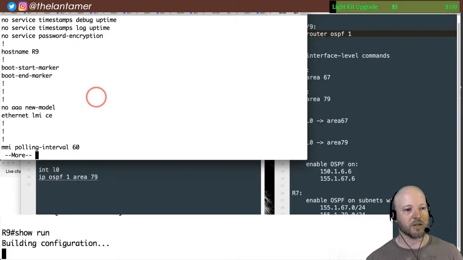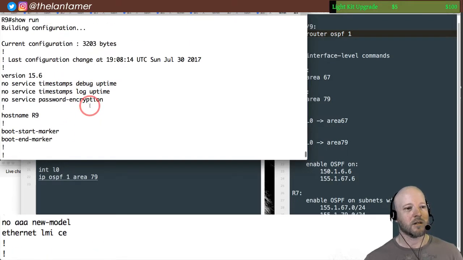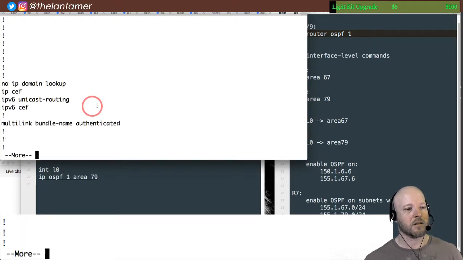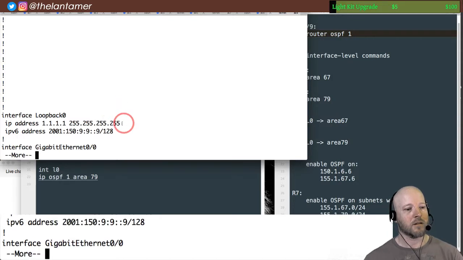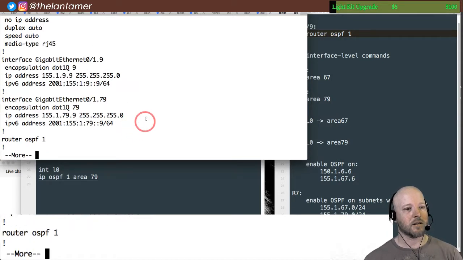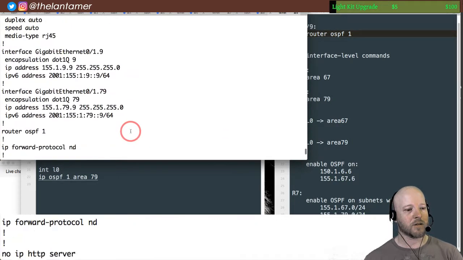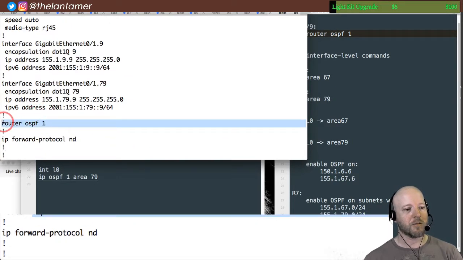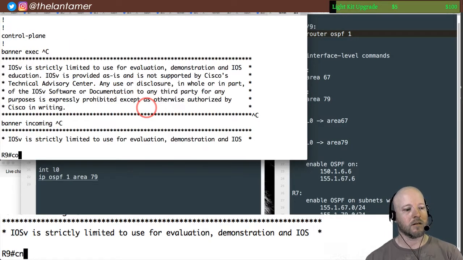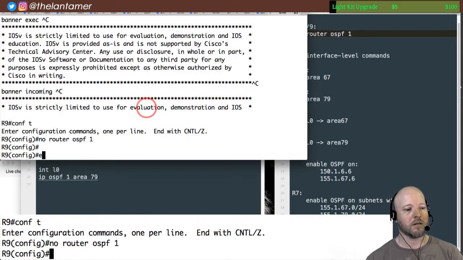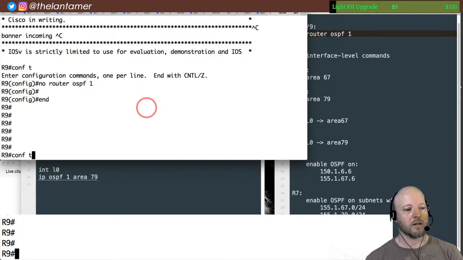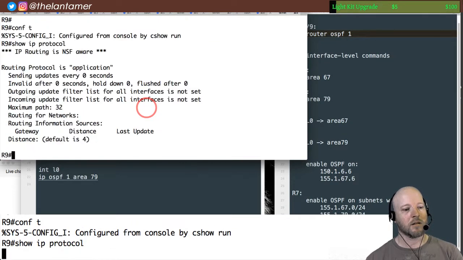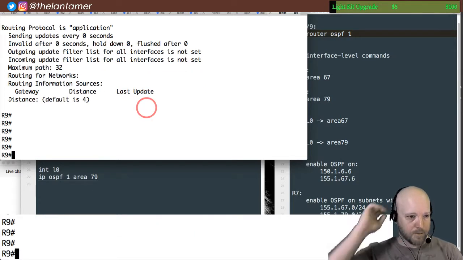Probably going to have to reload this router. Yeah, he's not there. Oh, router OSPF 1. I don't remember typing that. Okay, now it's dead. All right, so let's start over.